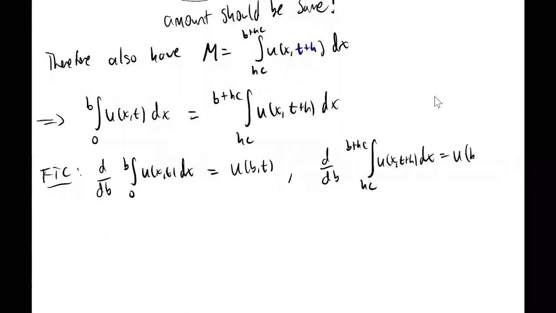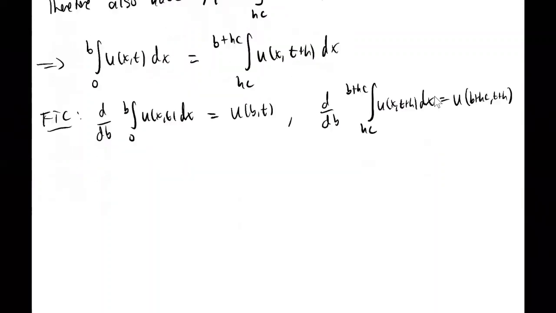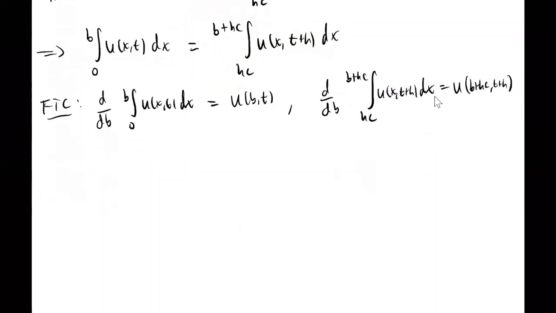So I get u of b plus hc comma t plus h. And again, why did I do this? Well, I had an equation involving u that has a bunch of integrals, and I don't want integrals. I want an equation involving the function u. And so I can pass from an integral to the function u by taking the derivative with respect to the parameter b, and then using the fundamental theorem of calculus, which is what I just did here.